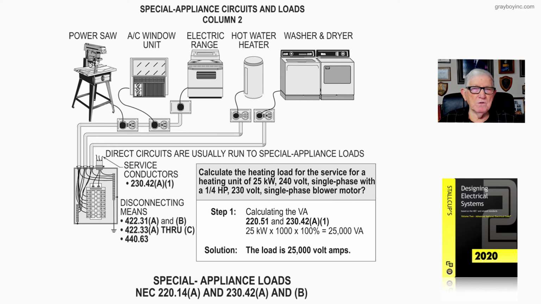Or we could use the new table that is listed for dwelling units and say that if you had a 200 amp calculated load, you could drop down from a 3/0 to a 2/0 using the optional method. But now we're not going to get into all that. I'm just making you aware of it.